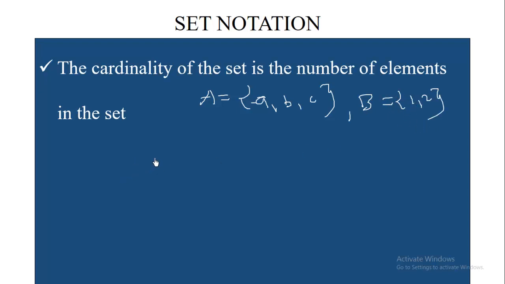So the cardinality of set A, this is how we write it, n(A), number of elements in A is equal to 1, 2, 3. So it's 3. Then the number of elements in set B is equal to 1, 2, is equal to 2. So this is the cardinality of the set, or the number of elements in the set.